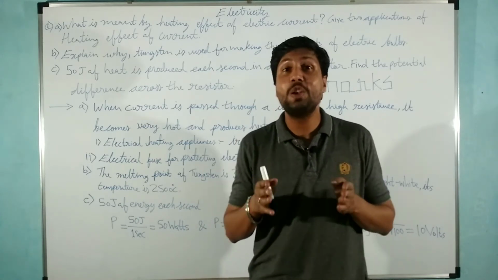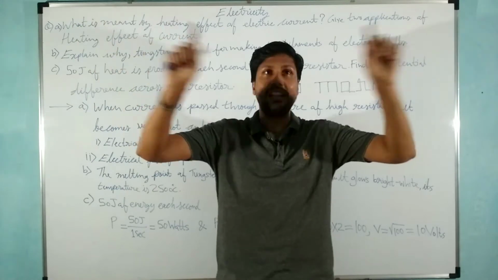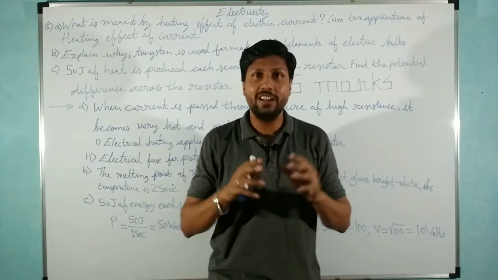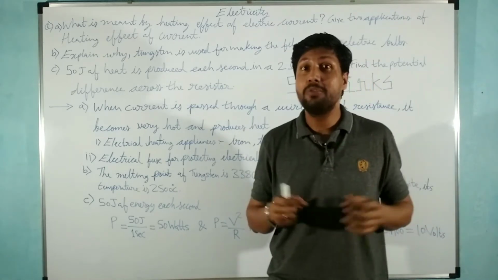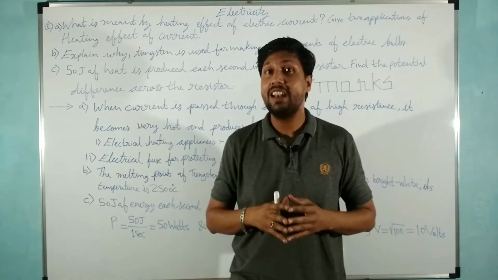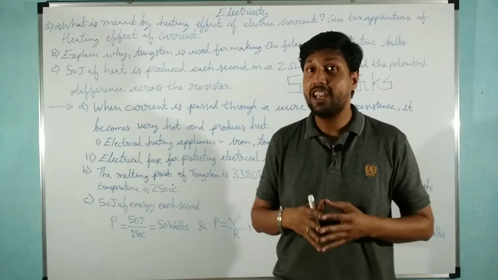That is the yellow colored bulb in which there is a man made up of glass standing like this, and there is a wire joining the 2 hands of that man. That wire is made up of tungsten, because it has a very high melting point.